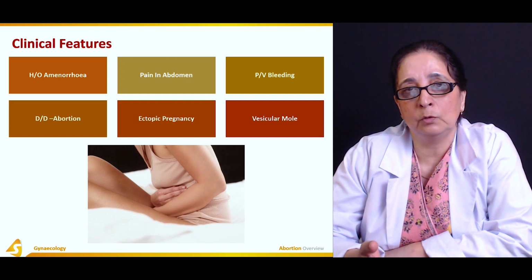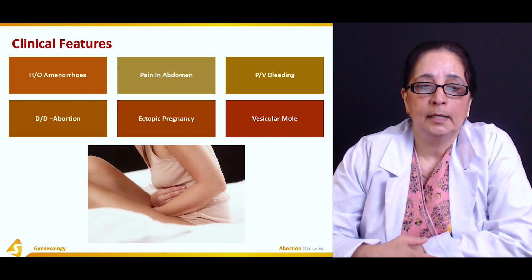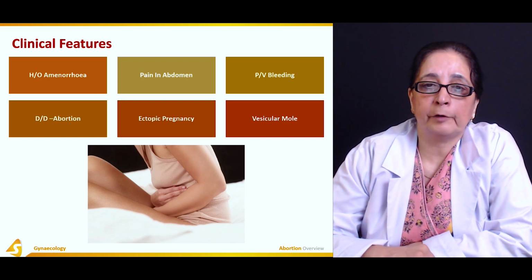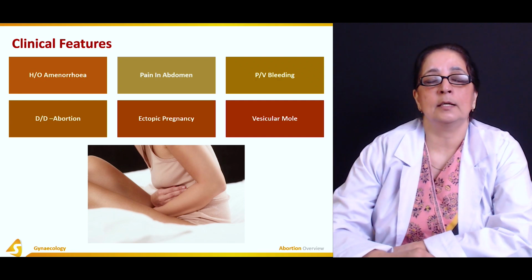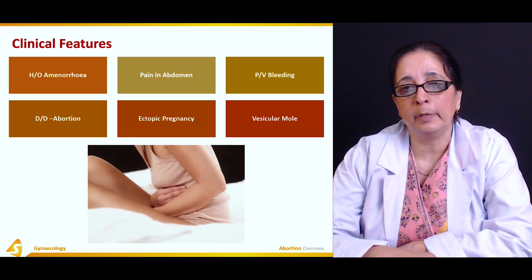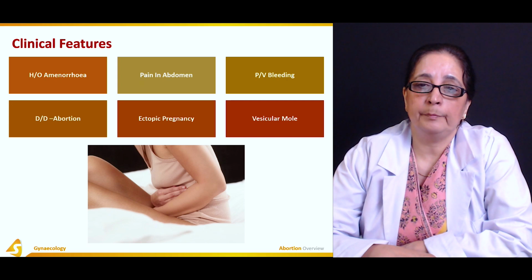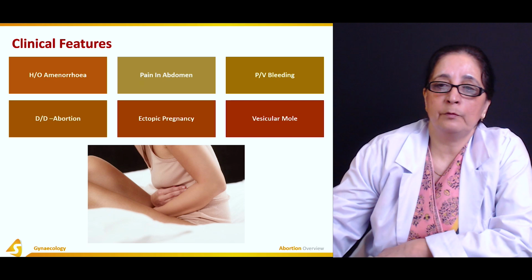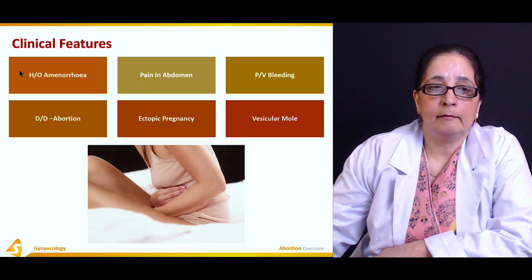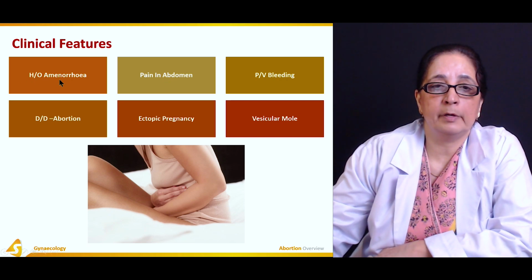Then they do the home pregnancy test that gives them the diagnosis that the patient is pregnant. Then after the history of amenorrhea, there is sudden pain in the abdomen and the bleeding starts. PV, per vaginal bleeding.